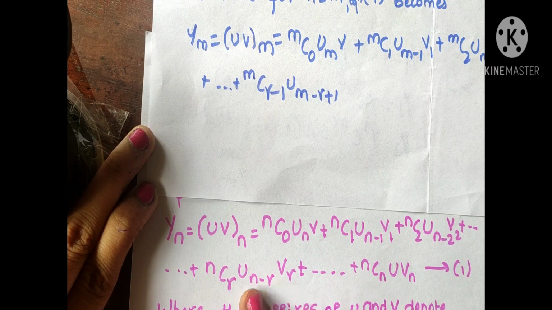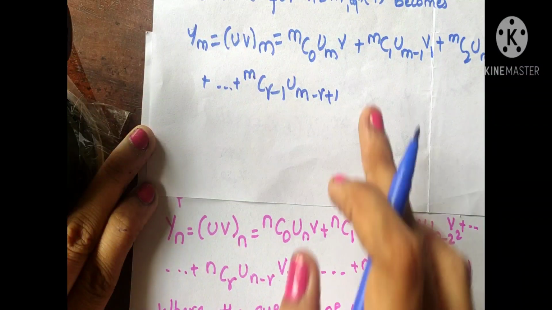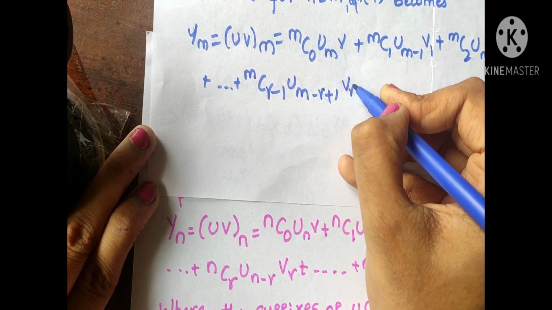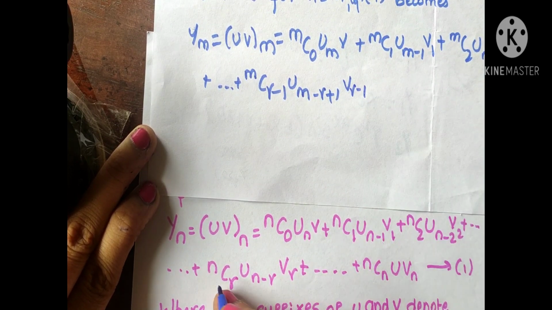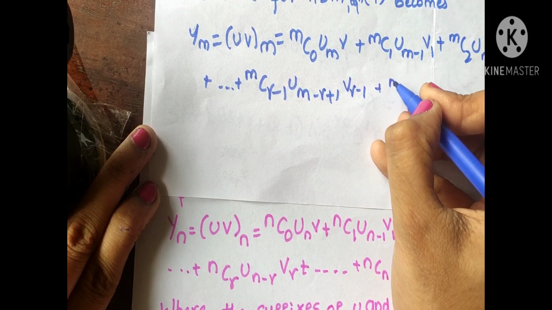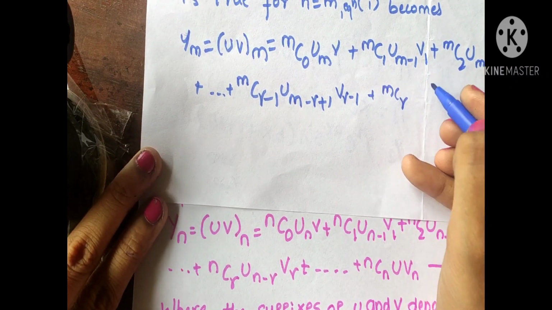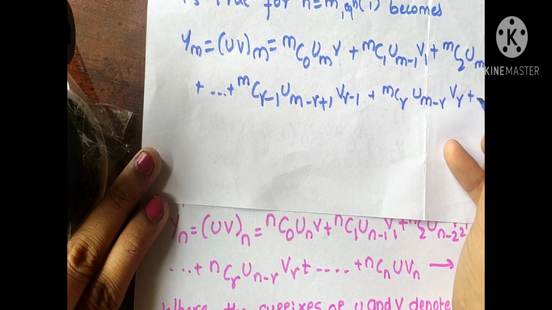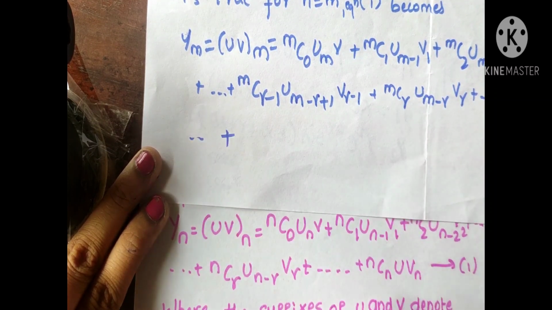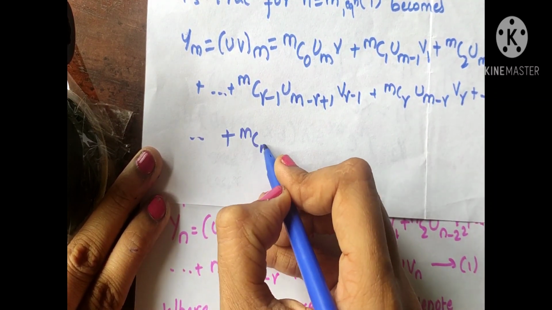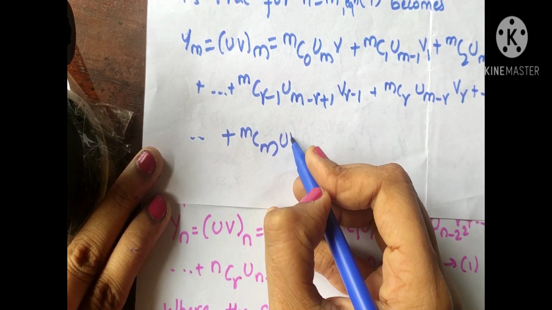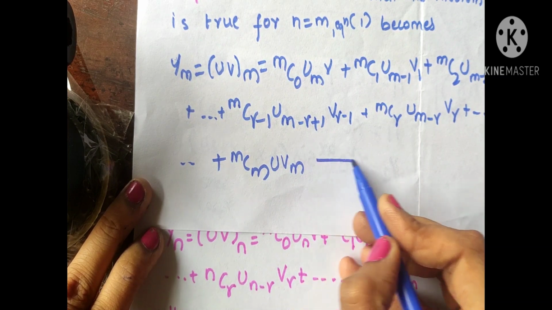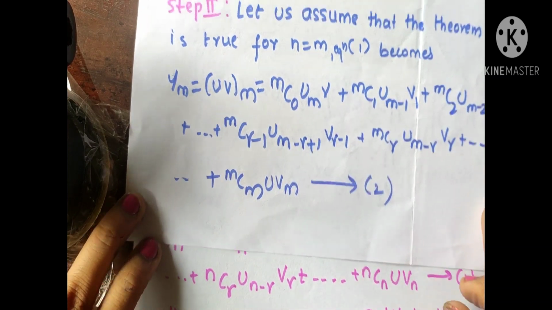So r minus 1 minus r, minus of minus 1 becomes plus 1 here. Then vr minus 1. Then this term mcr um minus r vr, so on, plus mcm u vm. So consider this as equation 2.